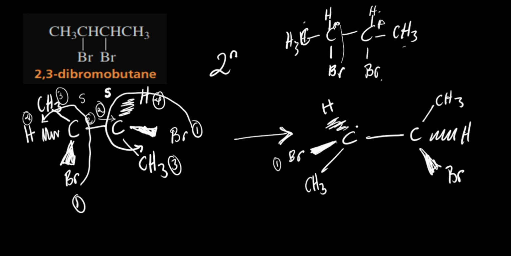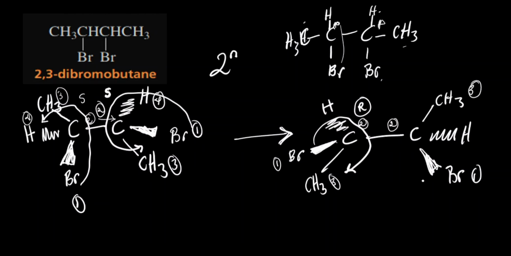Okay, now let's take our priority. This is priority number 1, this is priority number 2, this is priority number 3. Going from 1 to 2 to 3, we're going in the clockwise direction, okay, which means that this has an R configuration. Let's take a look at this. This has priority number 1, priority number 2 is right here, priority number 3.